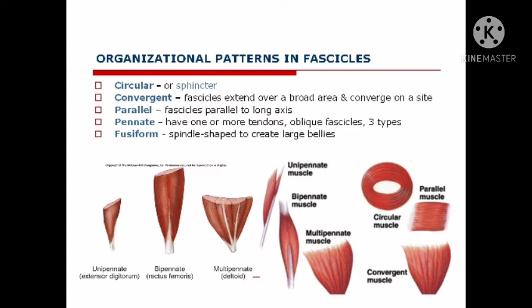In other words, the fibrous organization: how the various muscles are organized in order to perform specific functions. The circular, the convergent, the parallel, the pinnate muscles, the fusiform muscles.